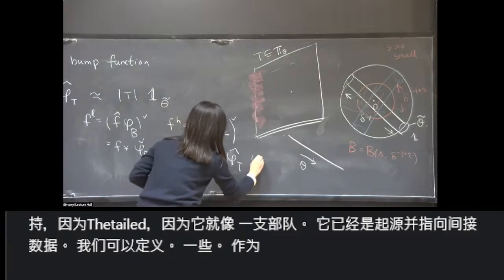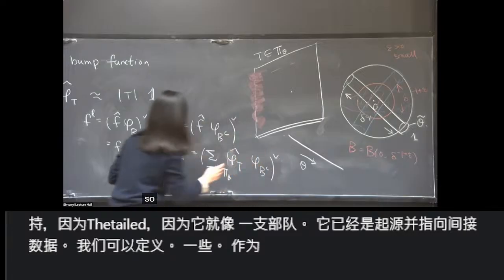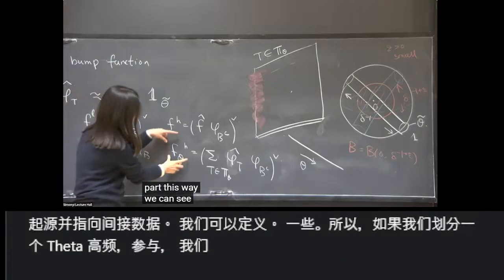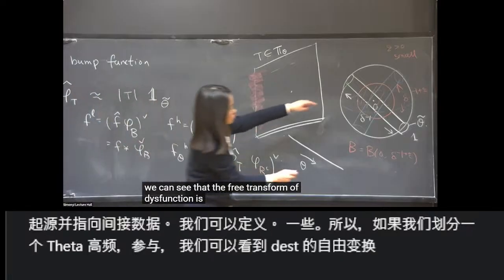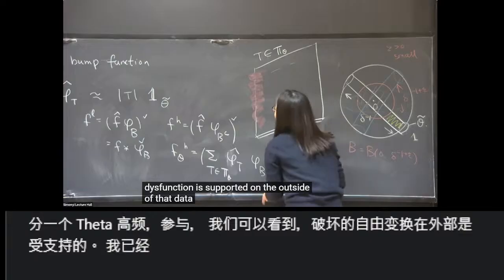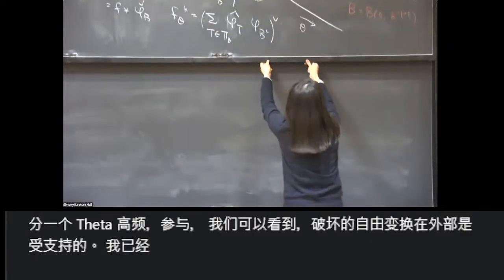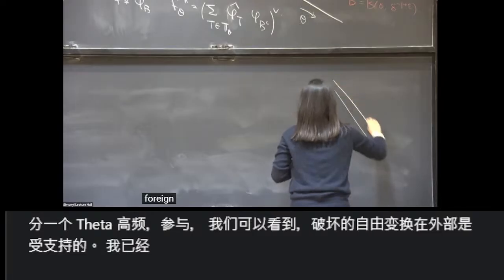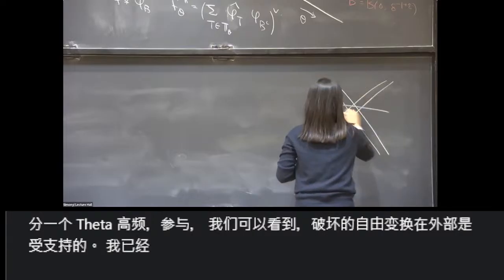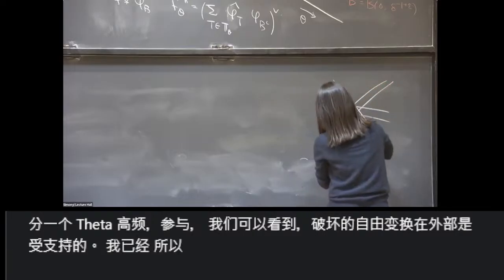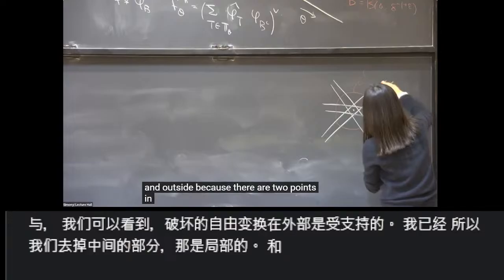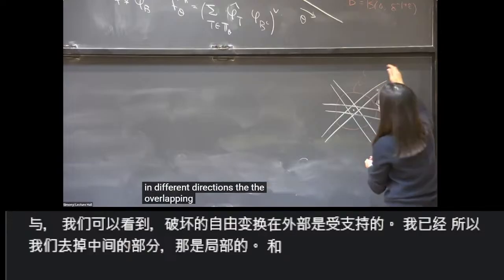And so if we define f theta, the high frequency part, this way, we can see that the Fourier transform of this function is supported outside of theta tilde. We take off the middle part, that's the low frequency part. And outside, because the tubes point in different directions, their overlap is very small.